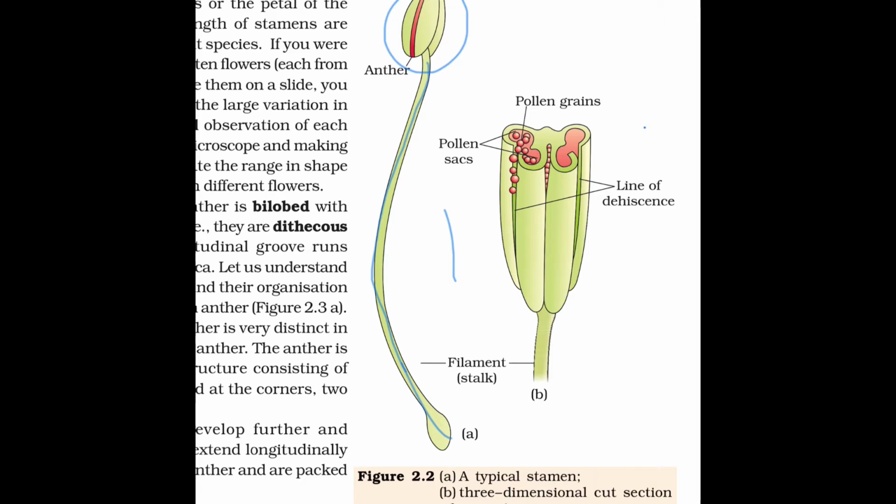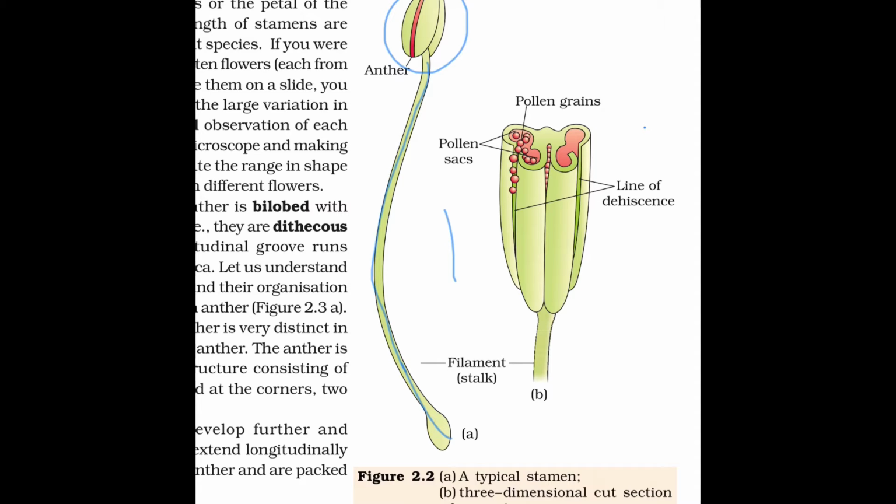So anthers can be either attached or in free condition, and their number varies from flower to flower. Stamens can be one to many in a flower. They may be indefinite in number, and this is a very important characteristic of flower.